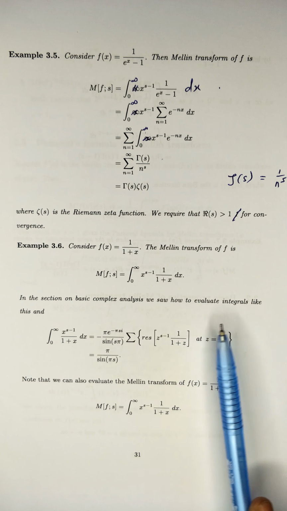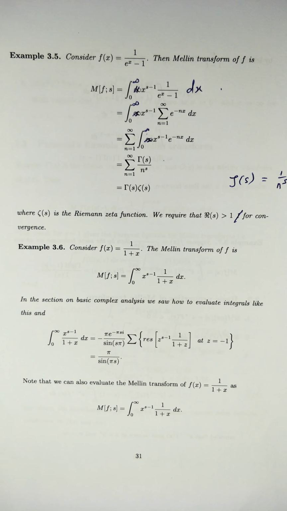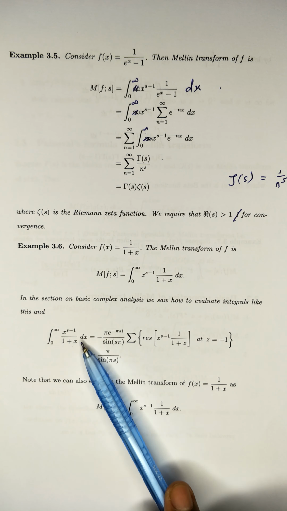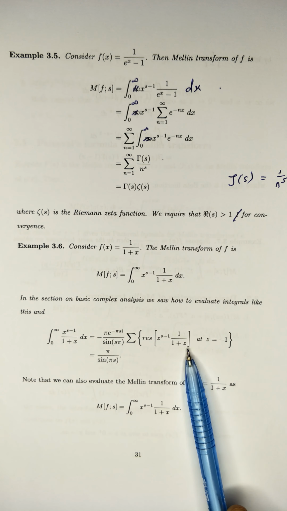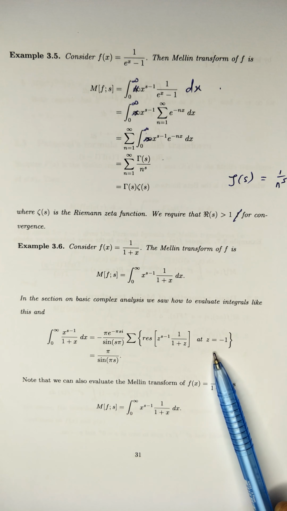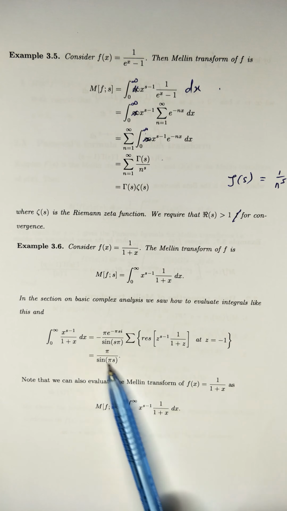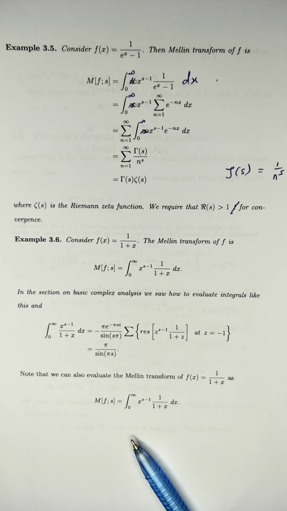Using the complex integral to evaluate the integral in the complex plane, we need to find the residue, where in this case we have a single pole at z = -1, and that gives you pi over sine of pi s. You can refer to my notes regarding the complex integral.